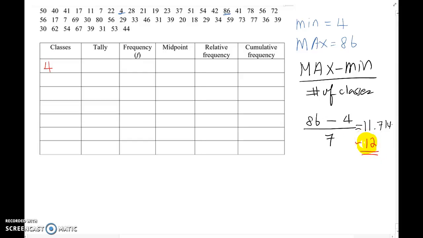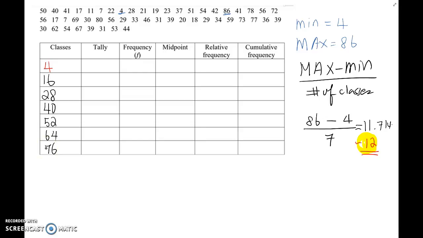So you combine 12, then it becomes 16. Now 12 again, which is 28. The next becomes 40. Next becomes 52 and 64 and 76. Okay. So they're all our lower limit values.